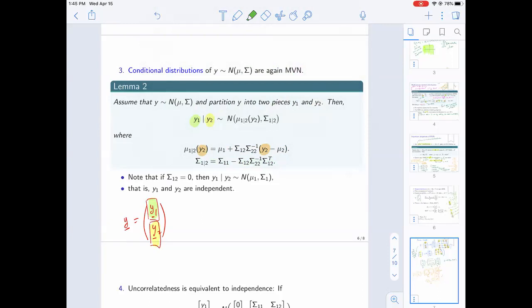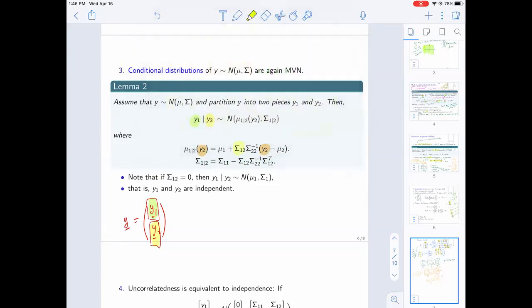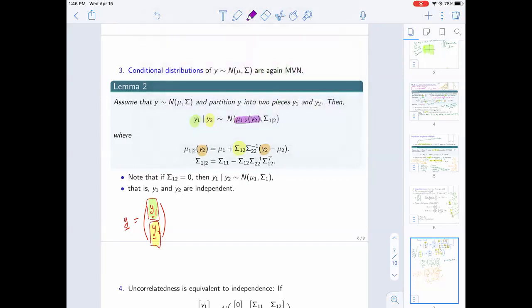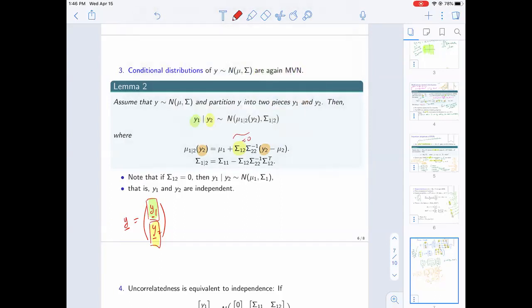And note that if I set sigma 1,2 equal to 0, then this conditional mean is not going to depend on Y2. This whole term is 0, and so the conditional mean is going to be the same as the pre-conditioning mean, mu1.